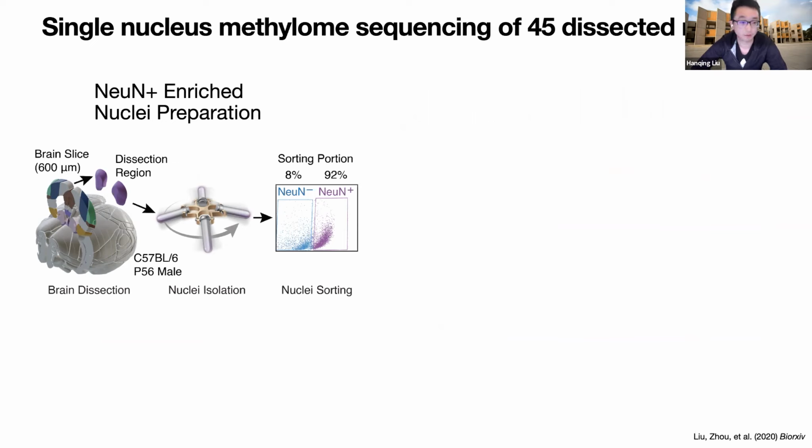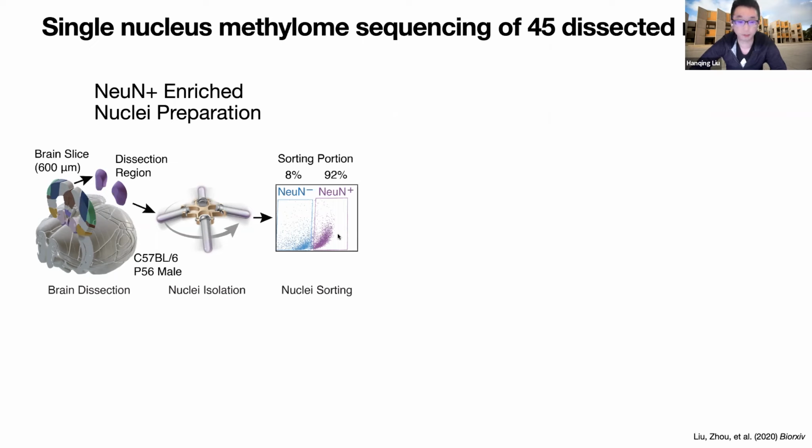To get the cells, we first dissect the mouse brain into 600 micron coronal slices, and then we separate each slice into several dissection regions containing certain brain anatomical structures to isolate the nuclei.